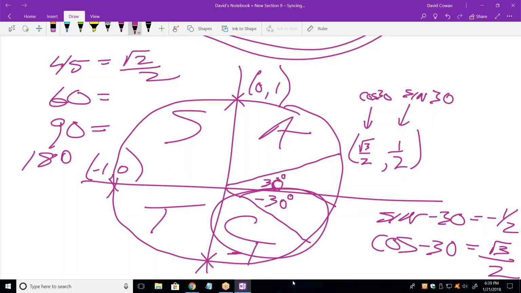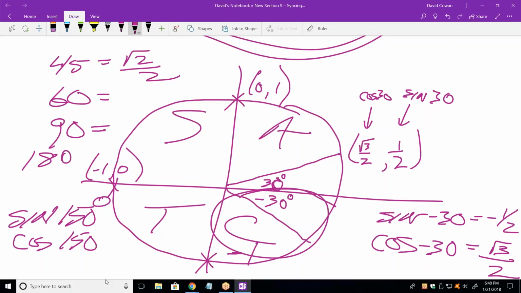What is the sine of 150 degrees? It's 1/2. Good. Cosine of 150? Square root of 3 over 2. Oh, it's negative. So negative square root of 3 over 2. I like the way you did it. It's square root of 3 over 2, only negative.